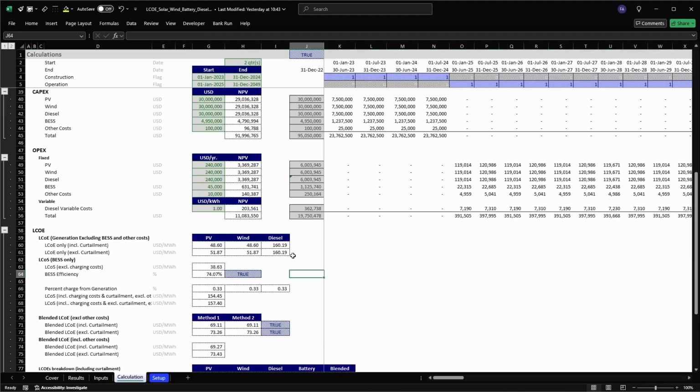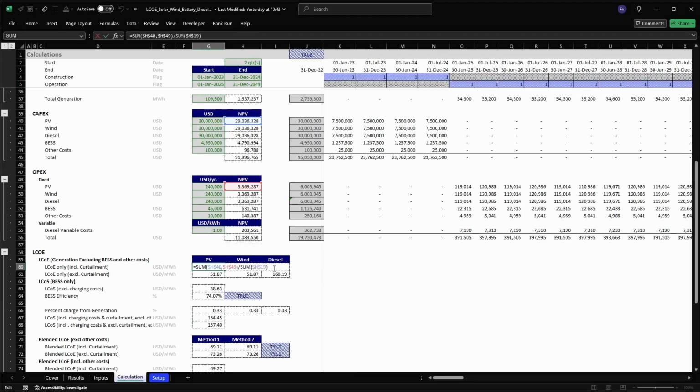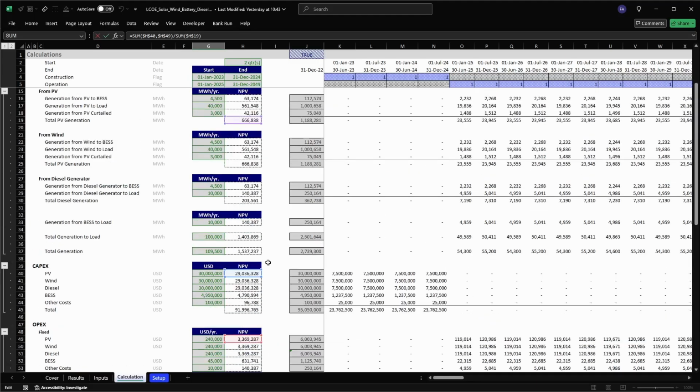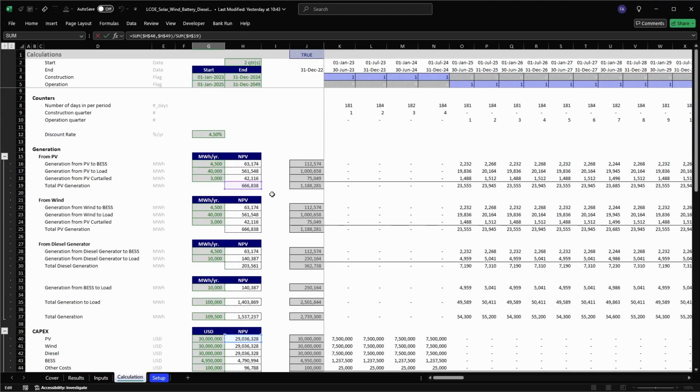So how do we go about to calculate the LCOE including and excluding the curtailment? I'm going to press F2 in the PV calculation, and you can see that what I'm considering here, I'm getting the capex for the PV only and the opex, and I'm dividing it by the NPV of what? Total generation, okay?